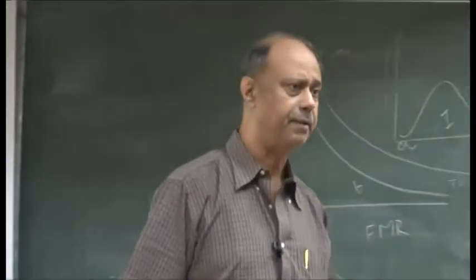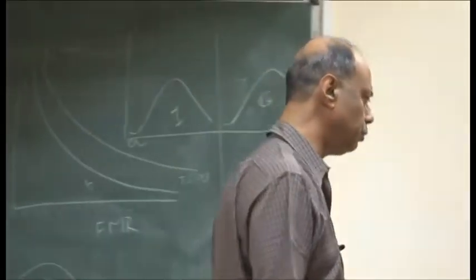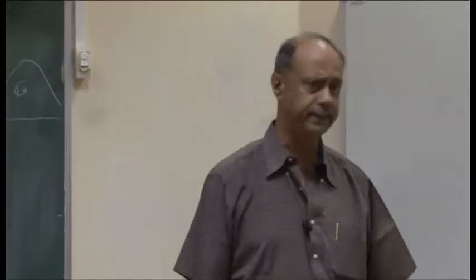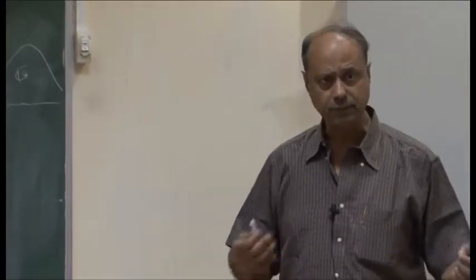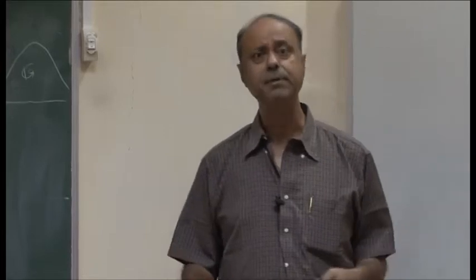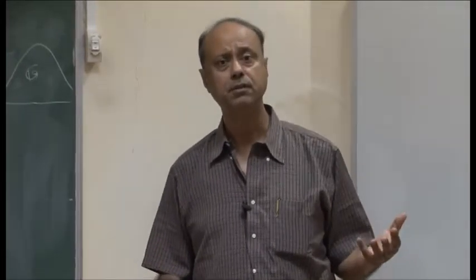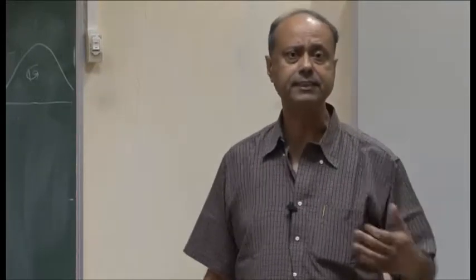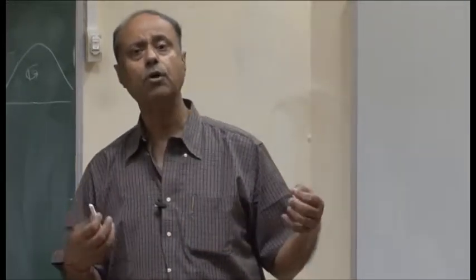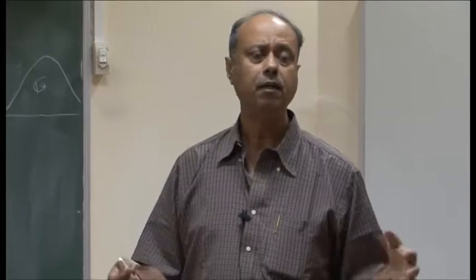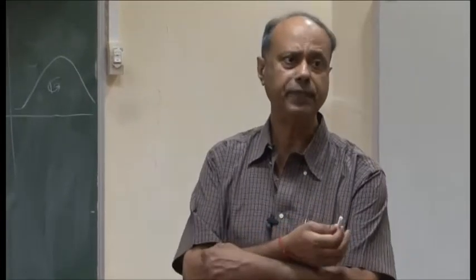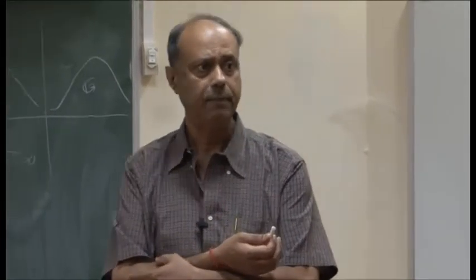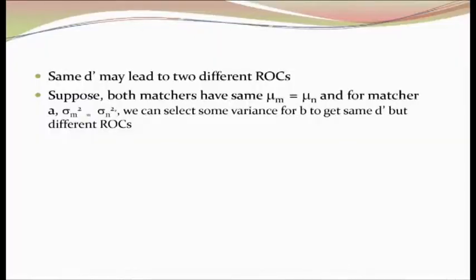So this D prime also can help you determine how much they are separated. A larger value of D prime means a better matcher. You can tell that yes, this will separate it from the imposter with this value of D prime. Am I right? Yes. But here also you have some problem.